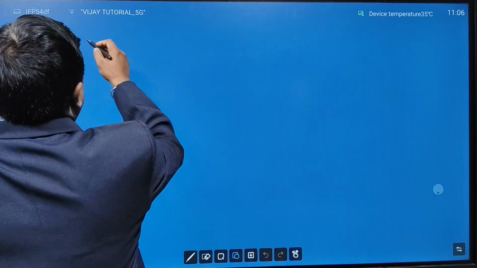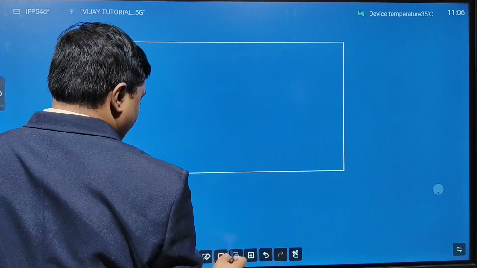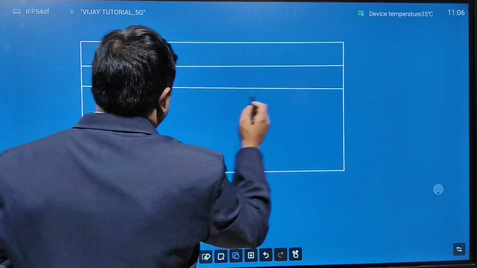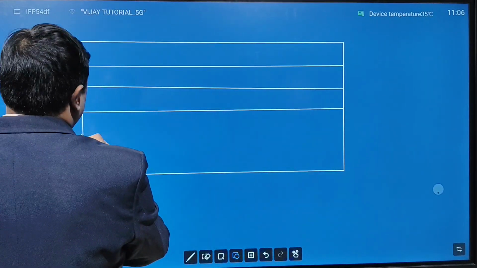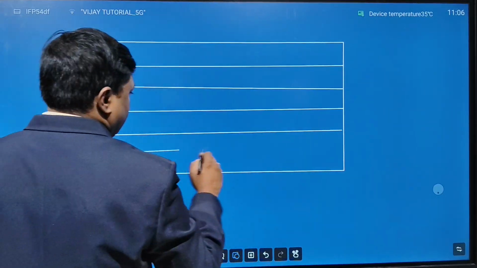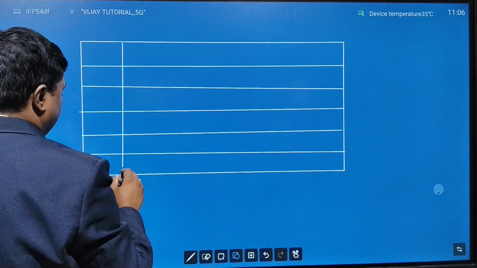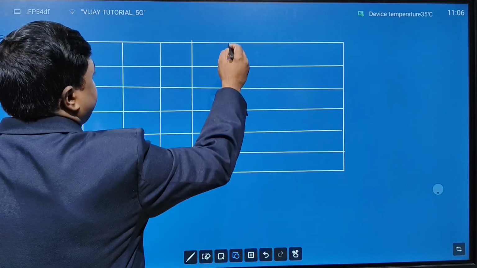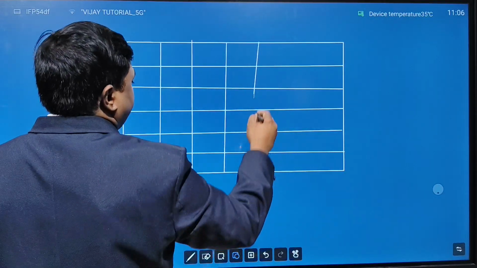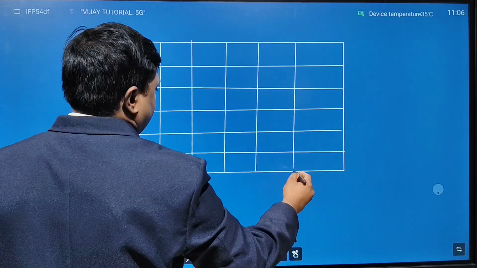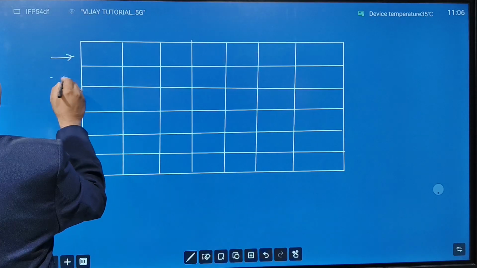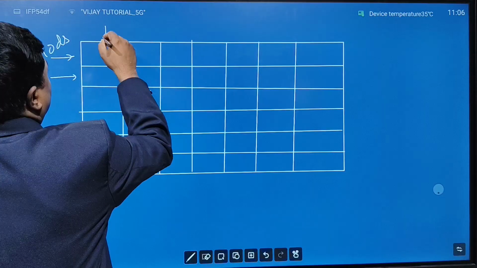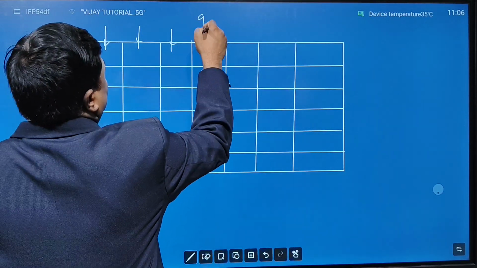There were 7 horizontal rows and 9 vertical columns. These rows were called periods, whereas these columns were called groups.